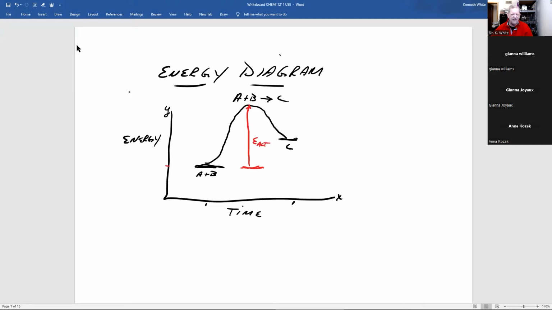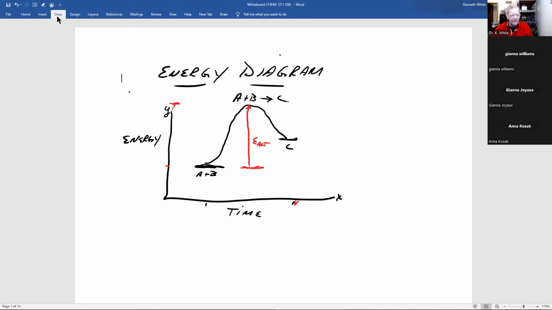You start here, you end up, let's say, right here. That distance, that amount, the difference from where you start and where you end up is an activation energy. Now, if I have A and B making C, it takes a certain amount of time and energy.